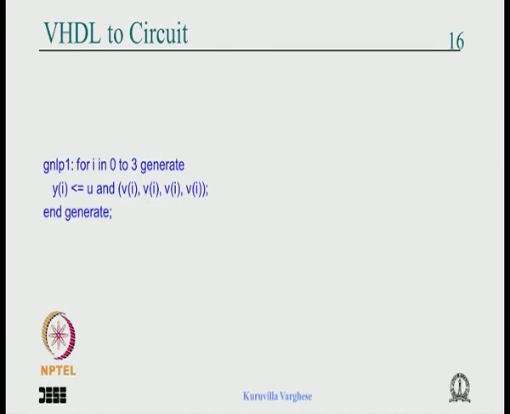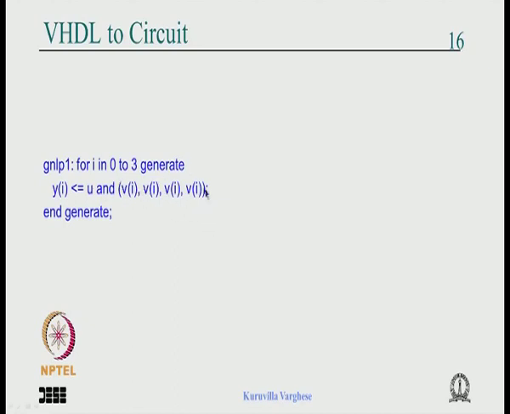As I said, U and V are the input and Y is 4 kinds of values, 4 indexes Y3, Y2, Y1, Y0. So the loop is going from 0 to 3. Now look at it, Y of 0 is U and V of 0 replicated 4 times.